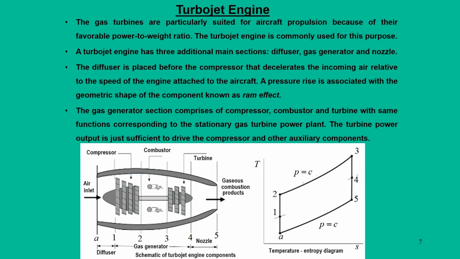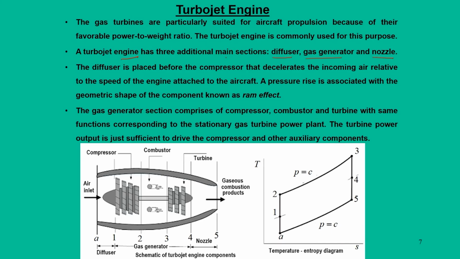We also emphasize that we are not using any kind of heat exchanger or bulky devices that would unnecessarily increase the weight. Essentially, the turbojet engine has a few main sections. One is the diffuser section, second is the gas generator section, and third is the nozzle section.